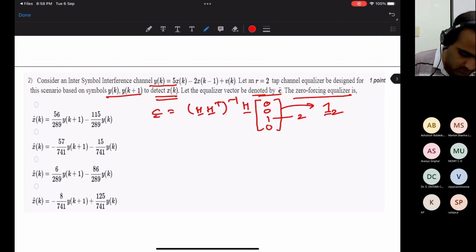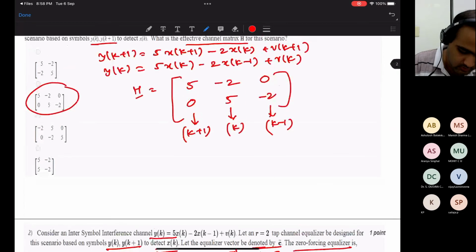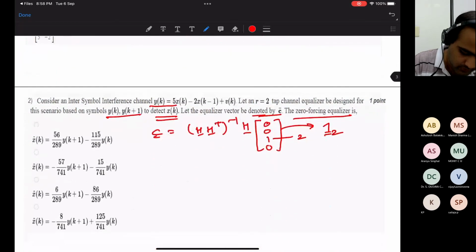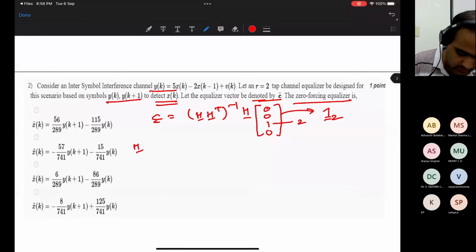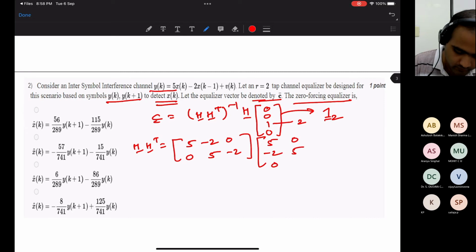We had obtained the H matrix here. So let us do H transpose H. We have 5 0, minus 2 5, 0 minus 2 multiplied with 5 minus 2 0, 0 5 minus 2, and if we solve it, we'll get 29 minus 10, minus 10 29.